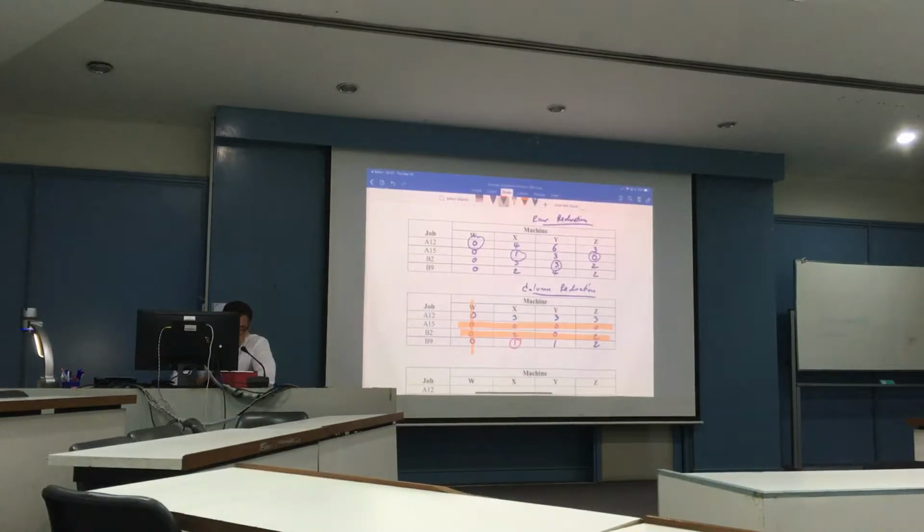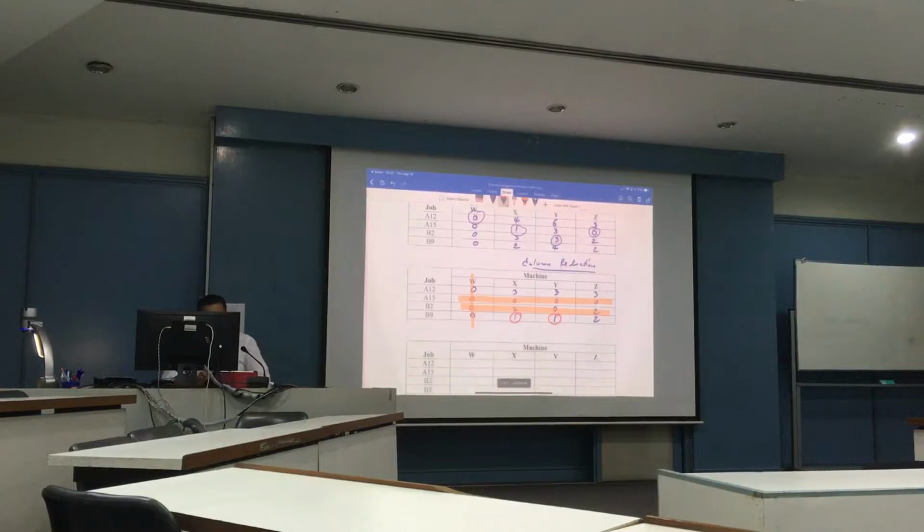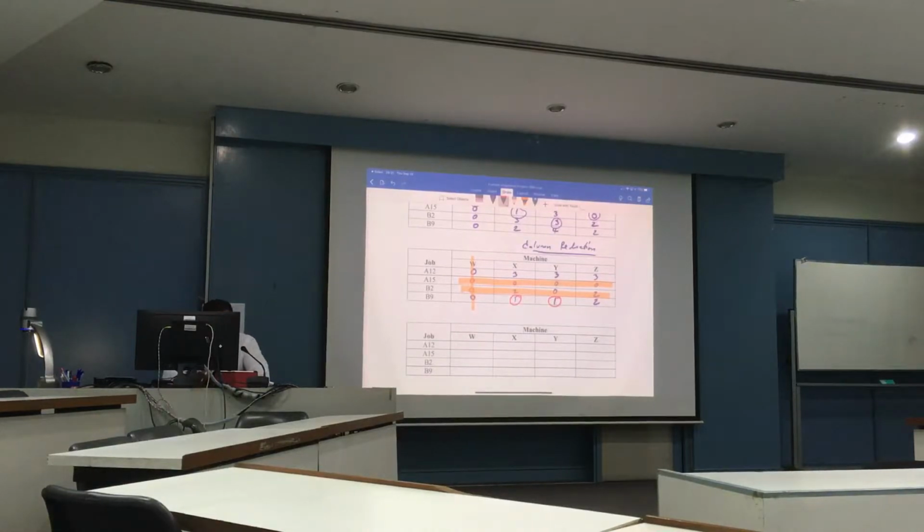So then we look at the lowest value that is not covered by the line. That will be equal to 1. We can use this number to modify. So then we're going to subtract it from the other values that are not covered by the line. So this one will change to 2, 0, 0, 1.